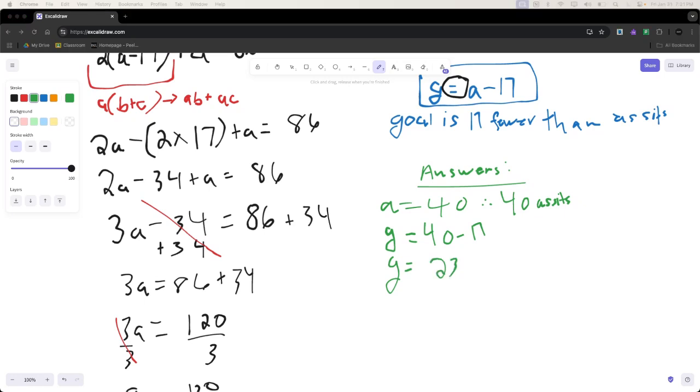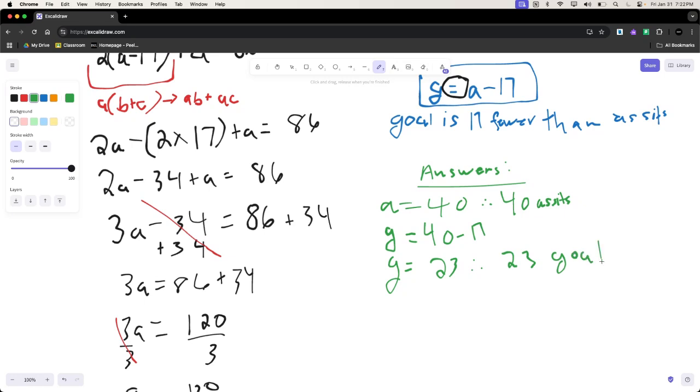I'm just going to double check that. Yes, that is correct. And so then therefore, this symbol is just used for therefore in mathematics. And therefore, we have 23 goals.